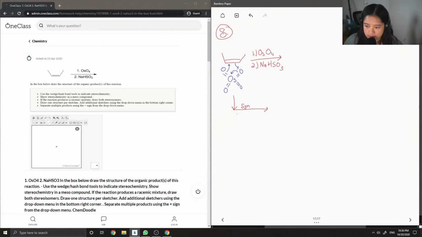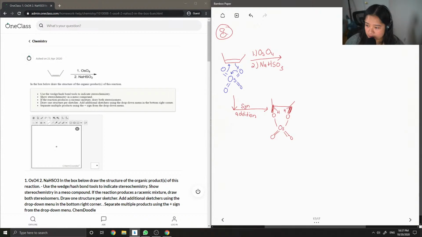And this is called a syn addition. So this is our starting product, but now you can see there are new bonds to the two oxygens. I'll show the hydrogens as well. And then you can see it's still connected to this osmium complex.